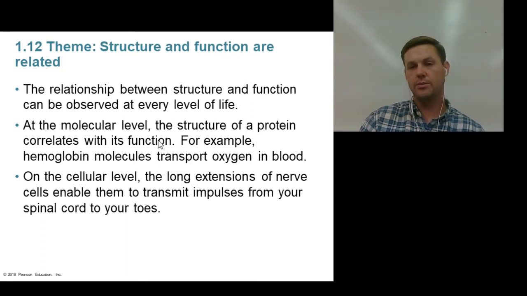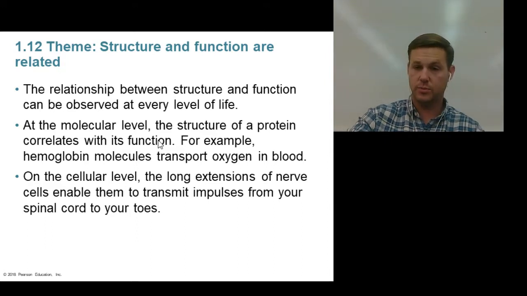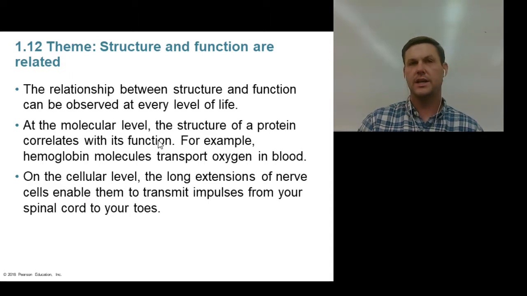If you feel something on your toes, it's going through the nerve impulses on your spinal cord, connecting back up to the nerve endings in your brain to recognize what's going on. That doesn't occur if the structure is not specific to the function. The structure and function are related.